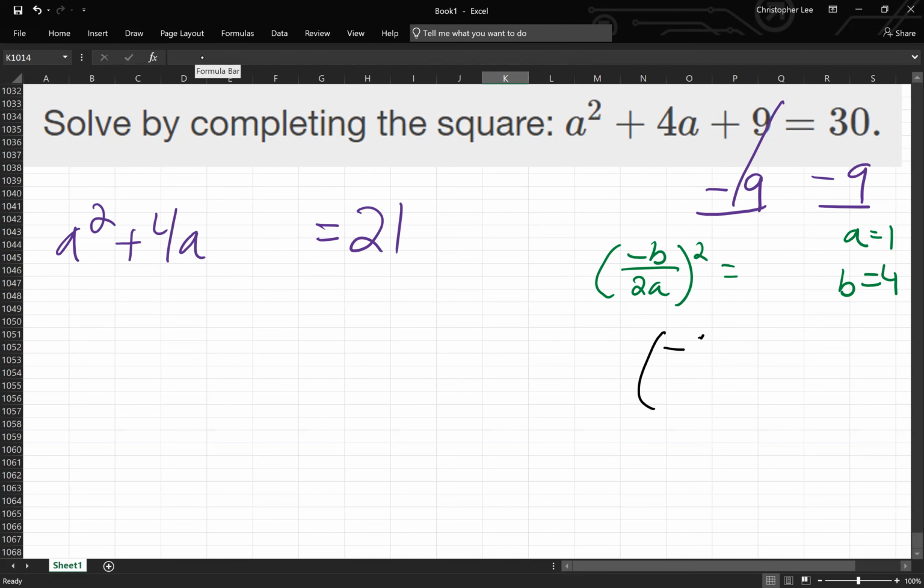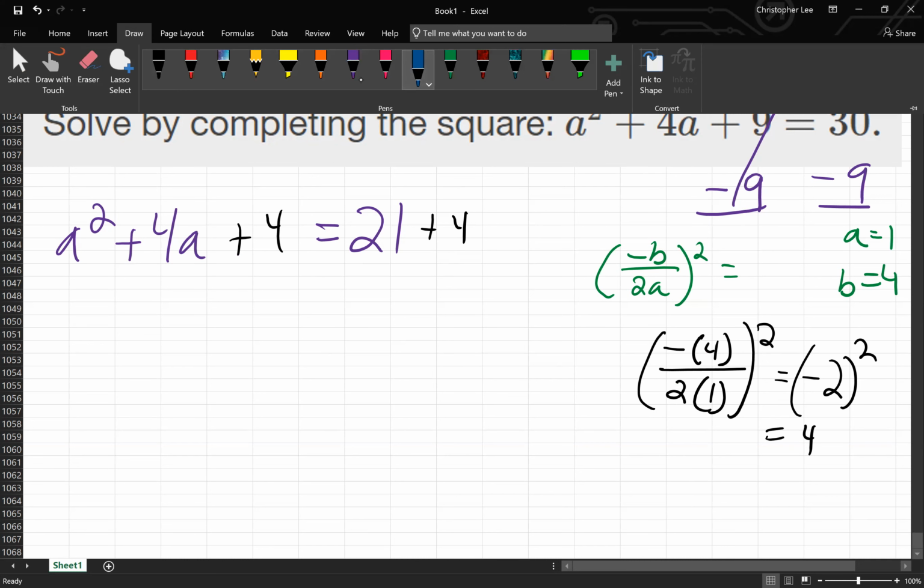So I have negative of 4 times 2 times 1 squared. So what's that become? All right, so negative 2 squared, which is what? 4, right? So I'm going to add 4 over here, add 4 over here.